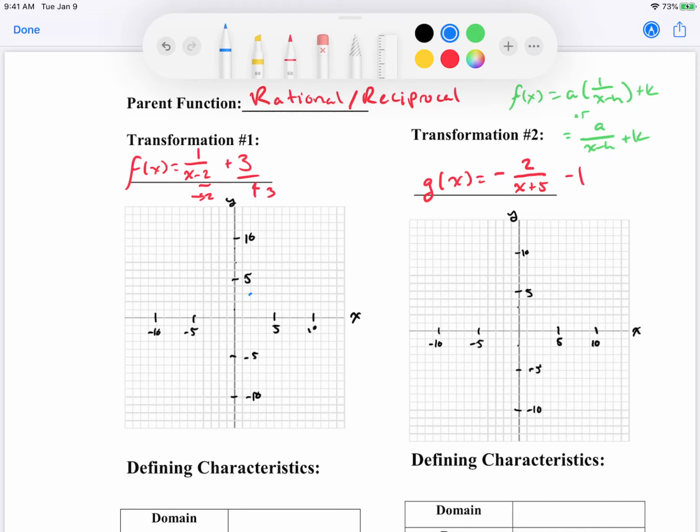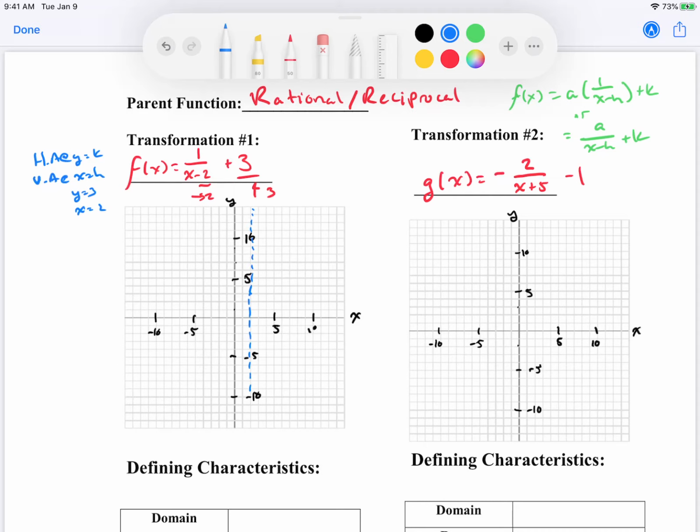That's where our horizontal and vertical asymptotes intersect, because we have a horizontal asymptote at y equals k, and a vertical asymptote at x equals h. That's what we talked about a little bit in the last video. So in this case, we have a horizontal asymptote at y equals 3, and x equals positive 2. I'm going to graph those first.